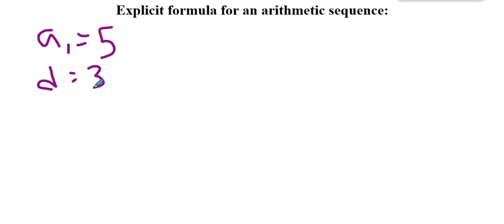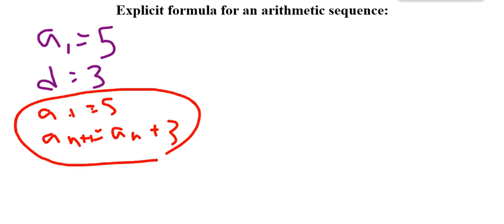So if we use the same example from last time, this would be the starting value, and this the constant difference, which means the recursive formula would be a sub 1 equals 5, and a sub n plus 1 equals a sub n plus 3.